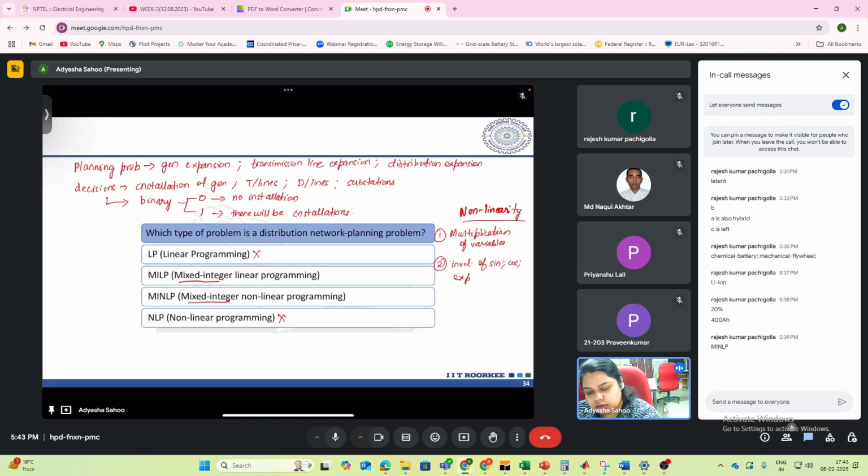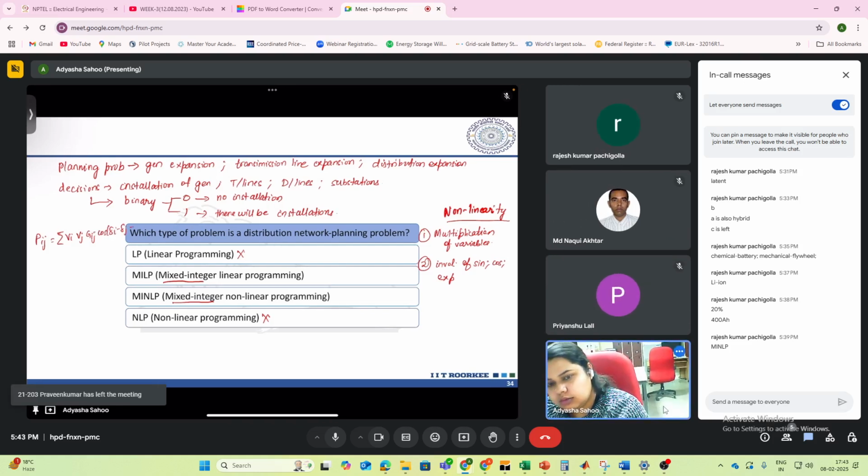Now coming to the distribution network planning problem. So we know that the power flow through the lines that we see is represented by something like that: Vi, Vj, Gij, cos(delta i minus delta j minus theta ik). So here we are having both multiplication of variables, and that is Vi, Vj, two variables are being multiplied.